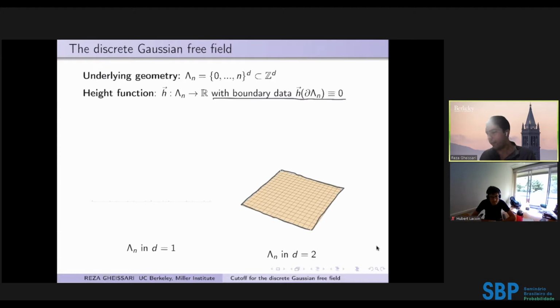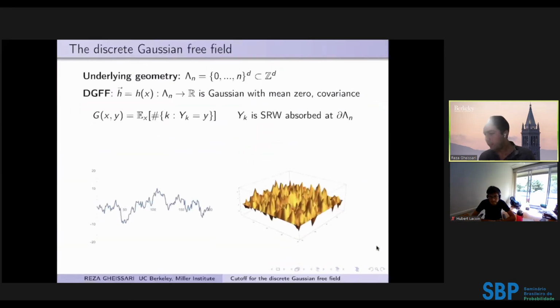Okay, so we get a random discrete surface or height function. And the distribution of this function is going to be a Gaussian process with mean 0, whose covariance is given by the Green's function. So the Green's function, I'll remind everyone, is you run a simple random walk Y_k and you start it at x, so this is G(x,y), and you count the number of times that it visits the site y.